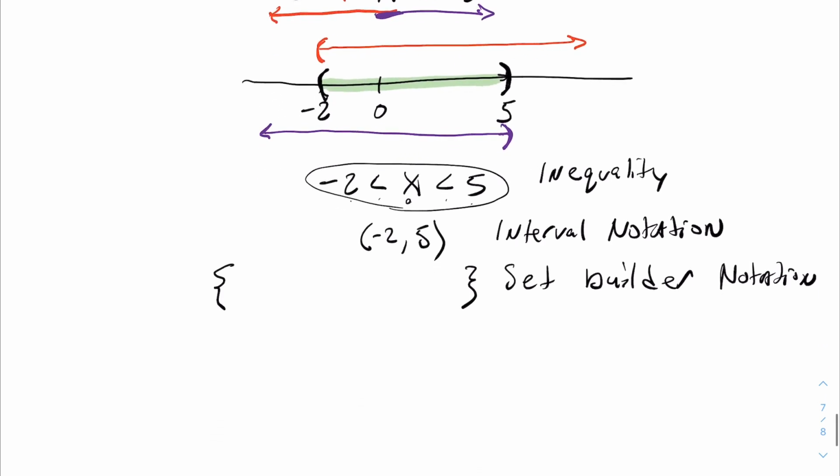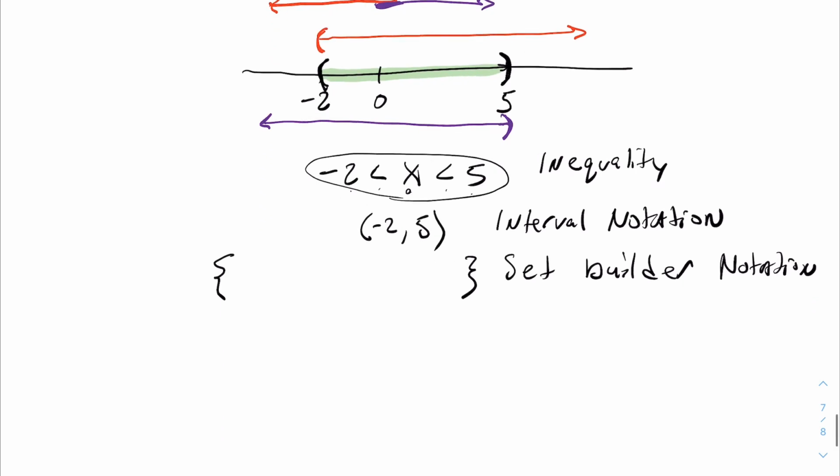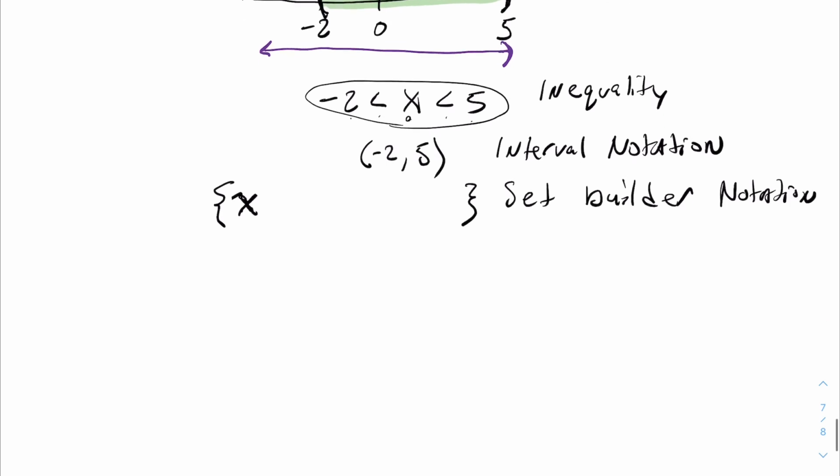So the way we can still use our braces in set builder notation is you first start by talking about what variable you're using, like what the answers are going to be: the set of all x's. So that's how you actually say this. The x right there, you would say the set of all x values.